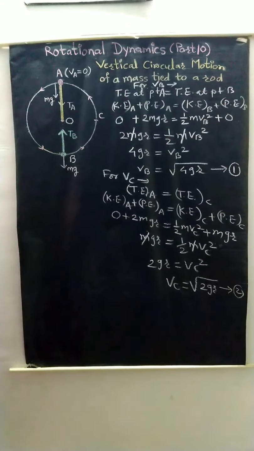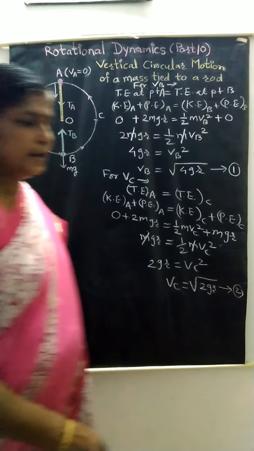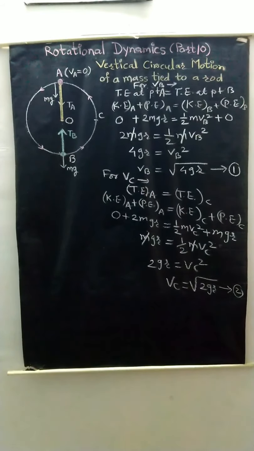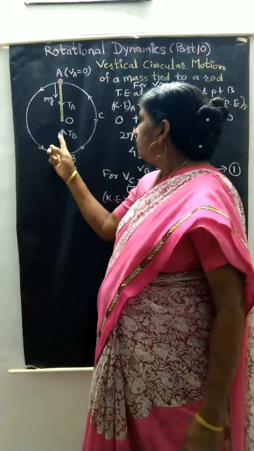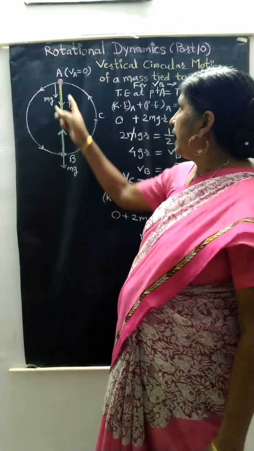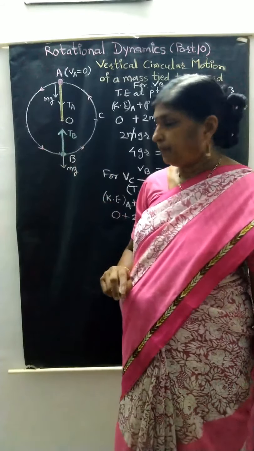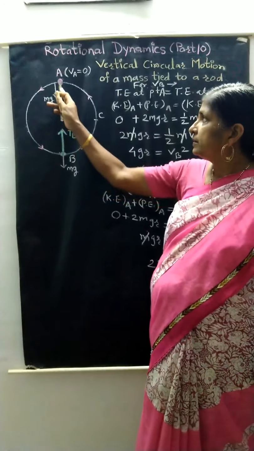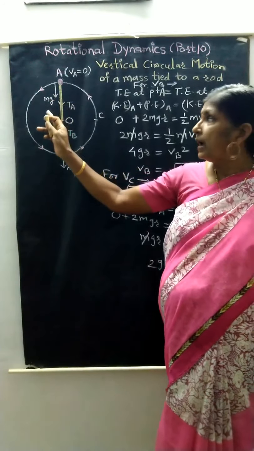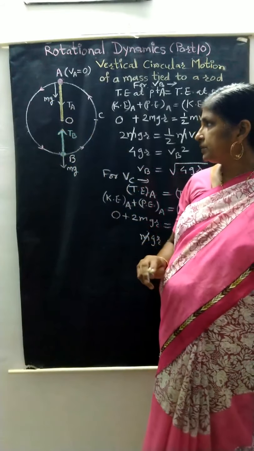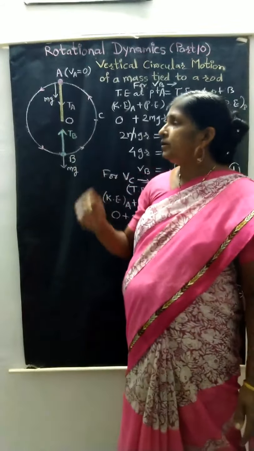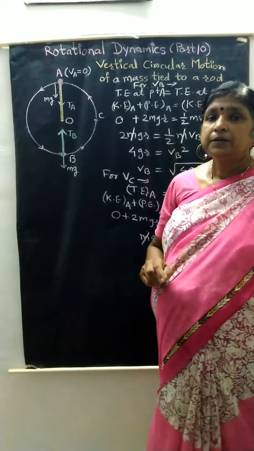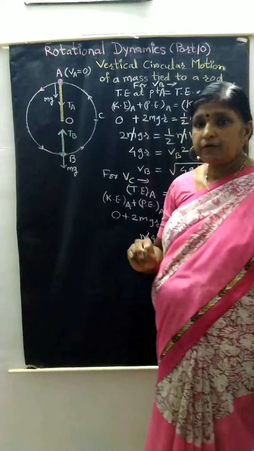Now we have to find out the difference in the tension at point A and at point B. For calculating this, we will form the equations at point A and at point B. At point A, the tension and the weight are both acting vertically downwards, and the resultant of the two produces the necessary centripetal force for circular motion.